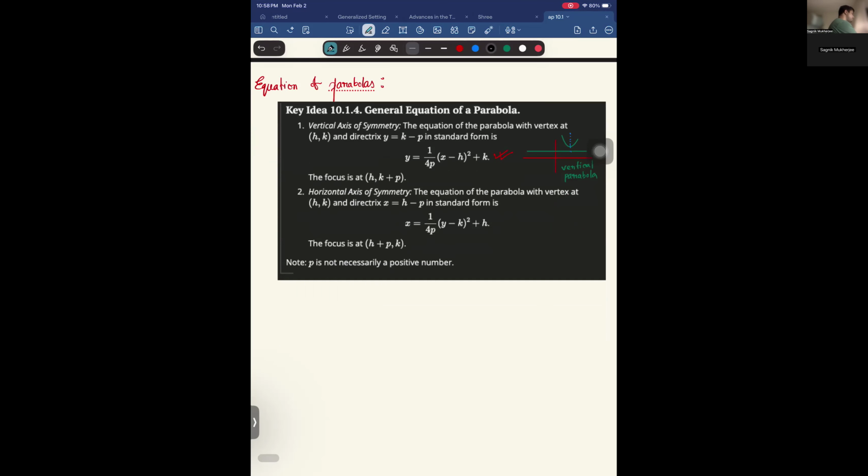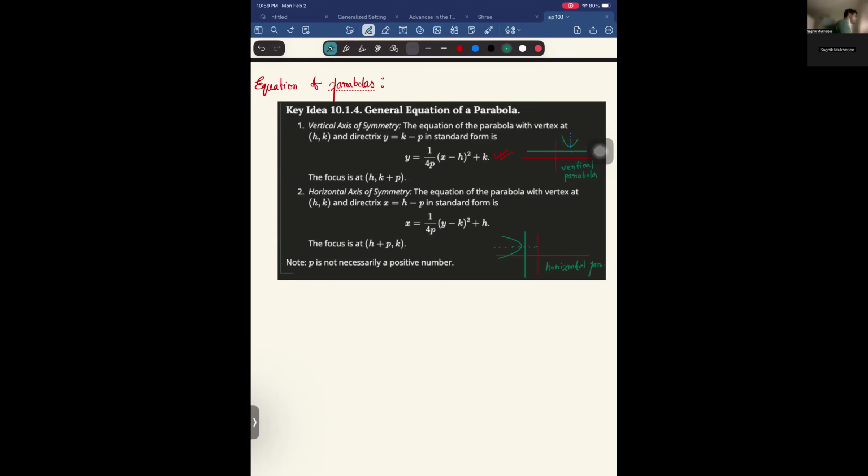And this is the situation. The next equation is for horizontal symmetry, like that. Okay, so this is the axis.